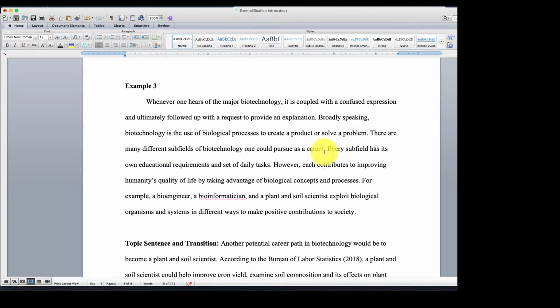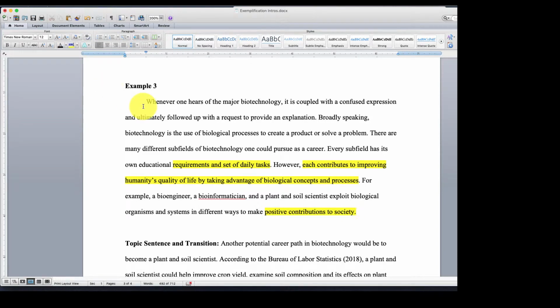Every subfield has its own educational requirements and a set of daily tasks. However, each contributes to improving humanity's quality of life by taking advantage of biological concepts and processes. For example, a bioengineer, a bioinformatician, and a plant and soil scientist exploit biological organisms and systems in different ways to make positive contributions to society.